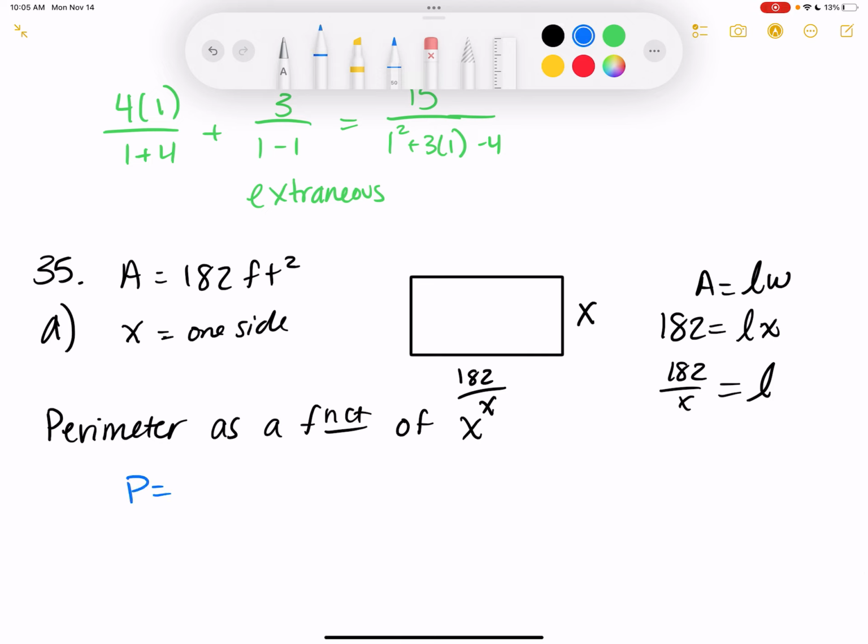Two length plus two width. 2L plus 2W. So this is length, this is width. So now P equals 2 times 182 over x plus 2 times x.